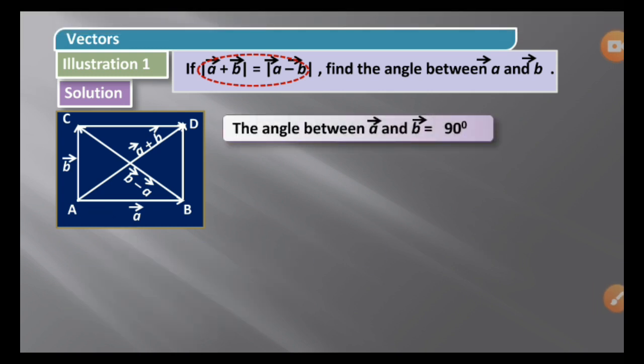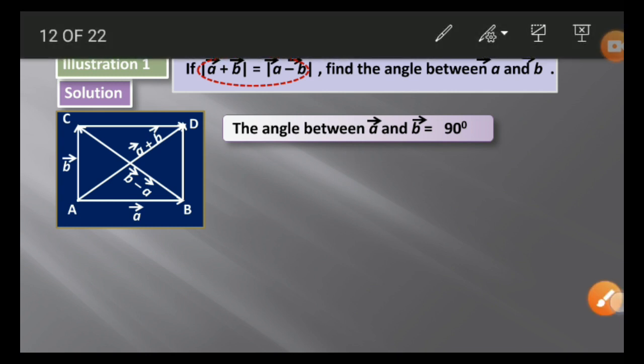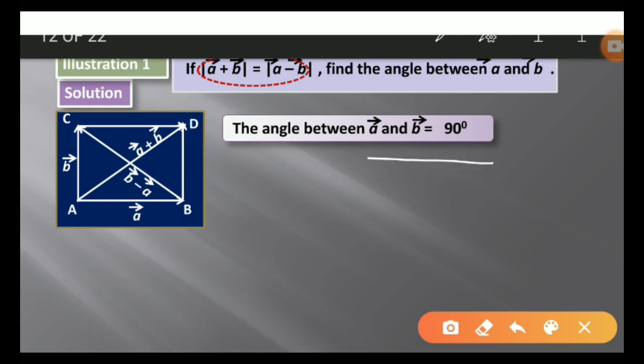Then the angle between A and B is equal to 90 degrees, because the angle between any two adjacent sides in a rectangle or square is always 90 degrees. So the angle between A and B is 90 degrees.